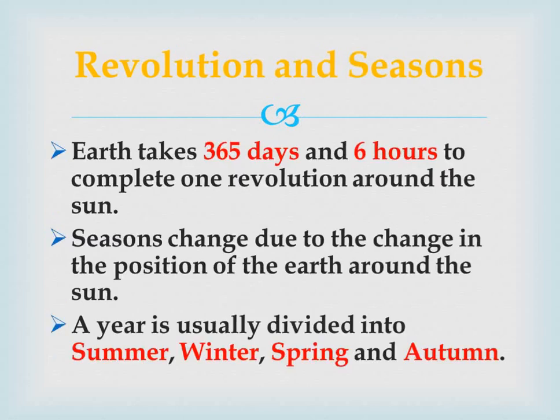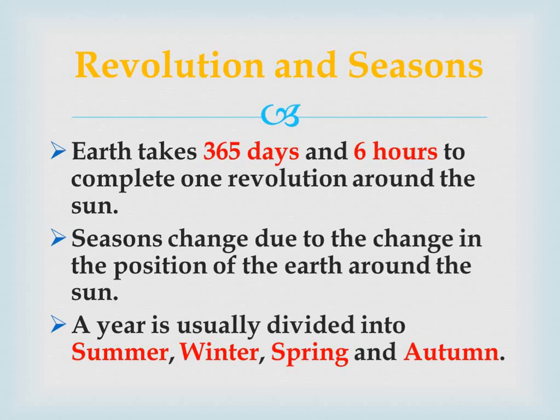Now, revolution and seasons. As we talked about, it causes seasons. Due to the revolution of the earth around the sun, the seasons are caused. Now we will see how the seasons change due to revolution. Earth takes 365 days and 6 hours to complete one revolution, which we already discussed.